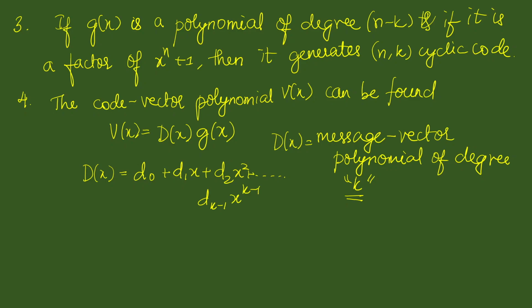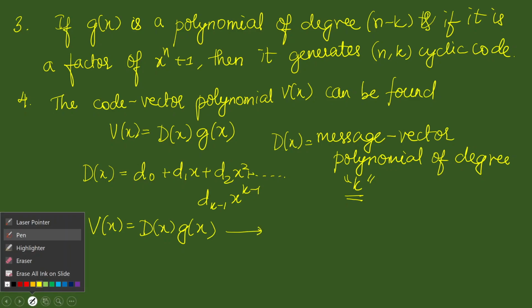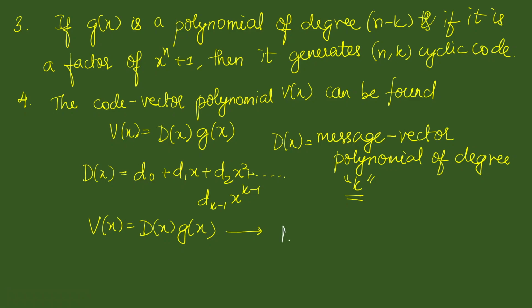So this method, where to obtain v of x we are multiplying d of x and g of x, is known as the non-systematic way of coding. This gives us a non-systematic cyclic code.